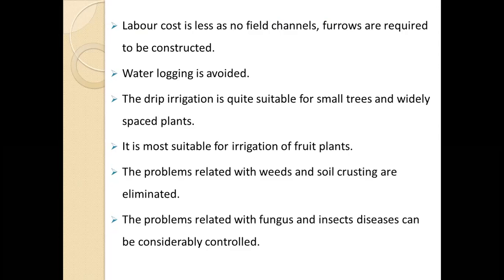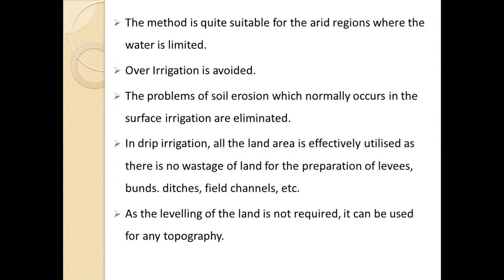The problems related to weeds and soil crusting are also eliminated, and problems related to fungus and insect disease can be considerably controlled by this method. It is also suitable for arid regions where water is limited. Over irrigation is avoided. The soil erosion problem that normally occurs in surface irrigation is eliminated.